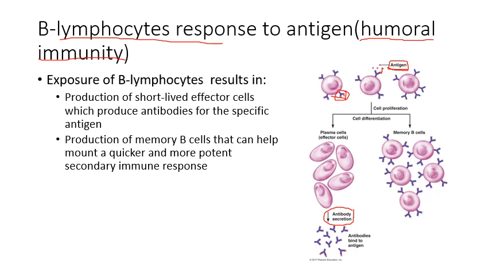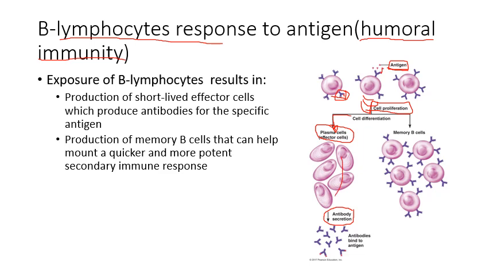That binding of the antigen to the receptor induces activation that will cause the cells to proliferate, to divide, to create more B cells, and will cause them to differentiate. Some will differentiate into what we call plasma cells or effector cells. These will be the cells that are out there during the initial immune response, going in for the specific fighting.